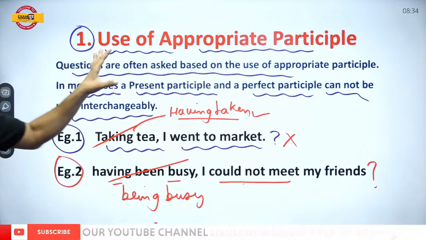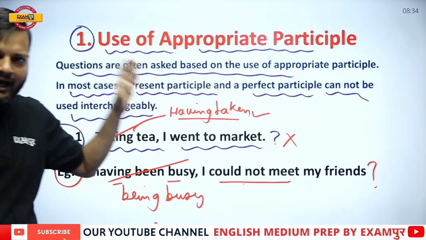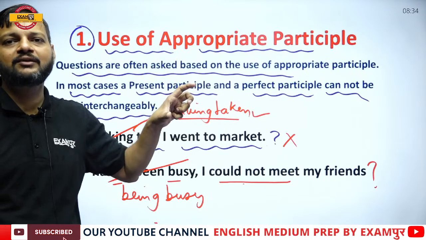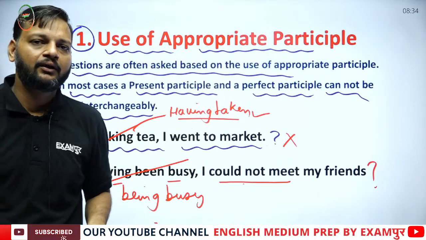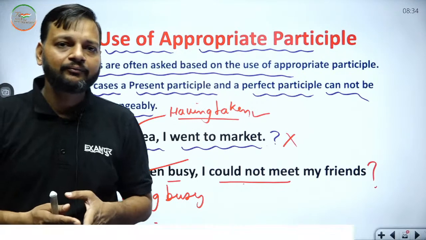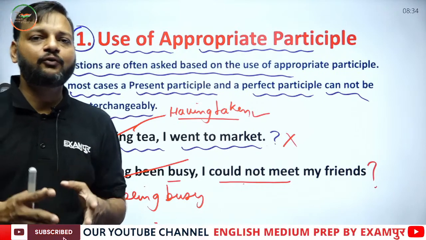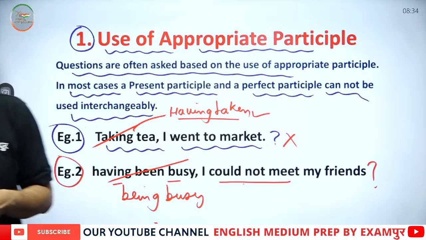So this is the first type of question asked in examinations based on participles: you have to use the appropriate participle. You have to see whether the sentence requires a present participle or a perfect participle.